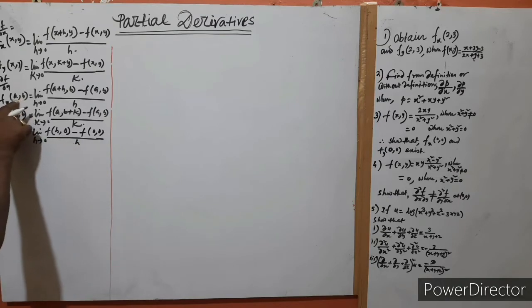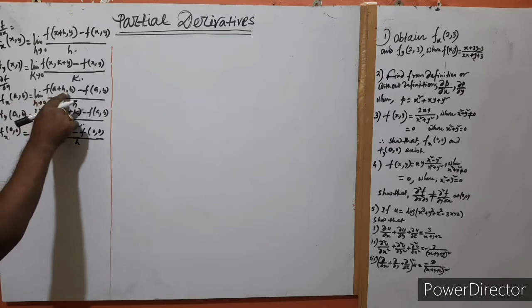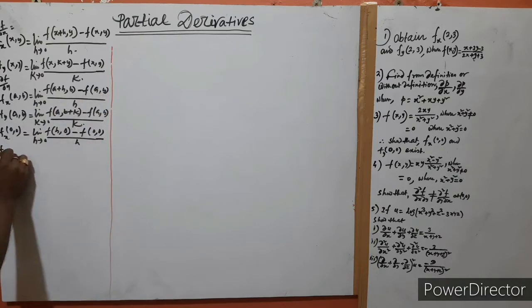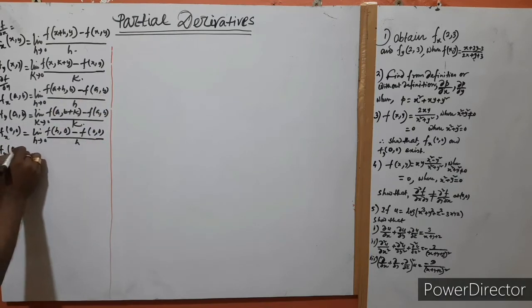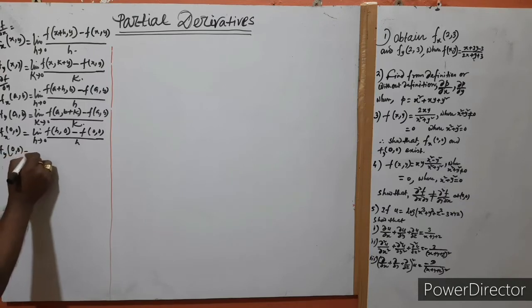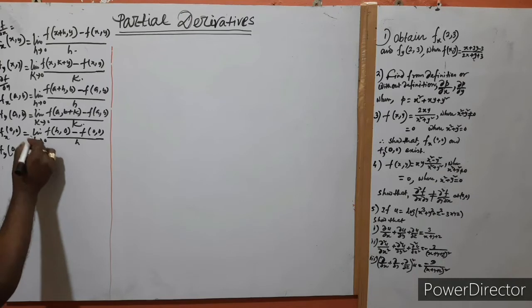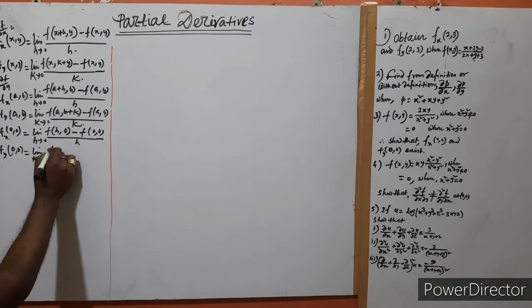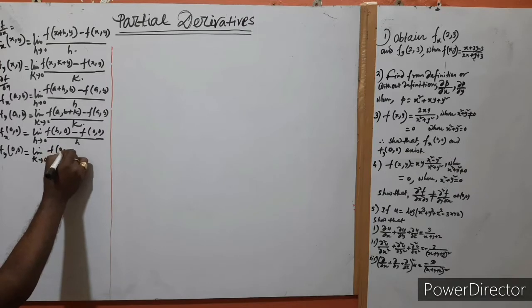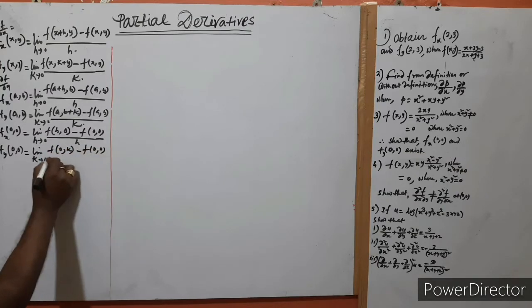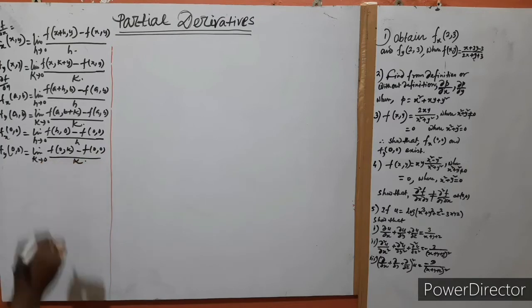Just put the values of a and b as 0 and 0. Similarly, limit k tends to 0 of f of 0 comma k minus f of 0 comma 0, divided by k.